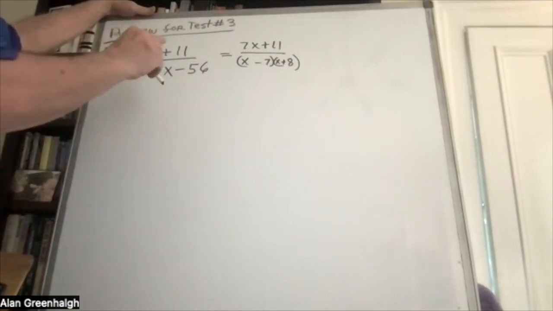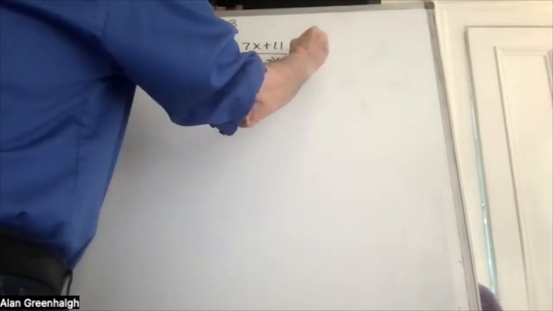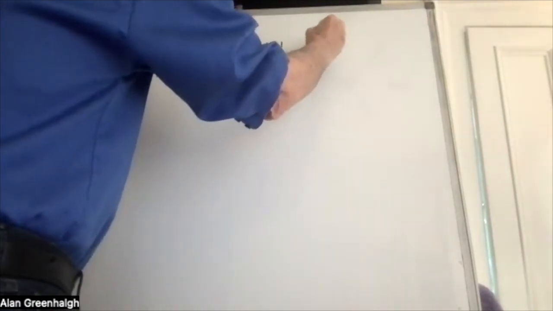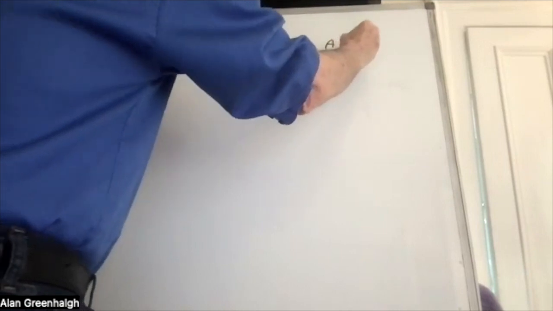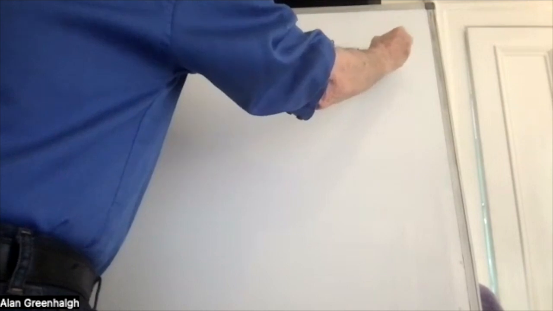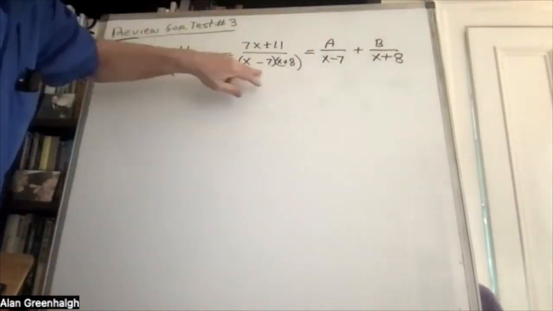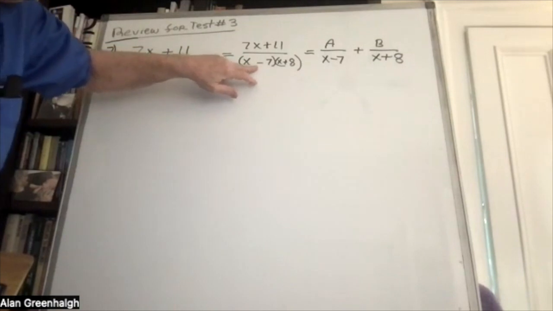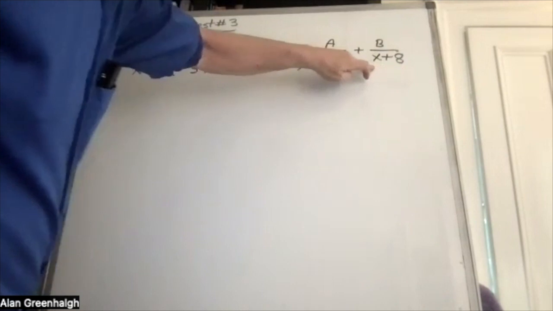Now, this means that this fraction started out looking like this. In other words, a number divided by one of the factors plus a number divided by the other factor.